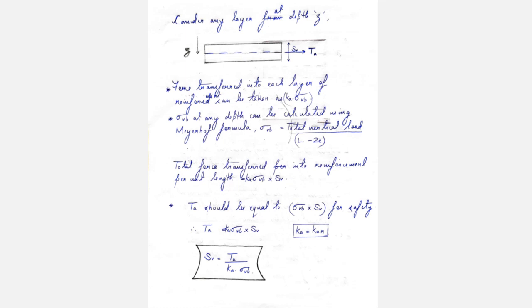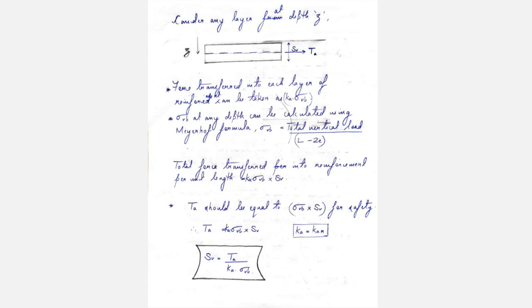Here we have to check the forces transferred at each depth of the reinforcement layer, and for that sigma VB can be used. Sigma VB into the coefficient of active earth pressure of the reinforced fill will give you the total force transferred. For safety, that should be equal to the allowable tensile strength which is mobilized in the reinforcement, that is Ta.